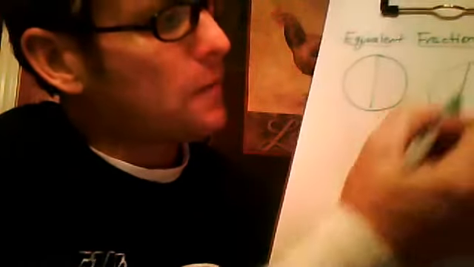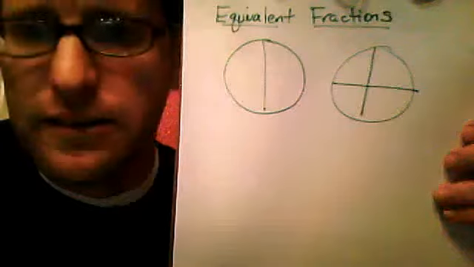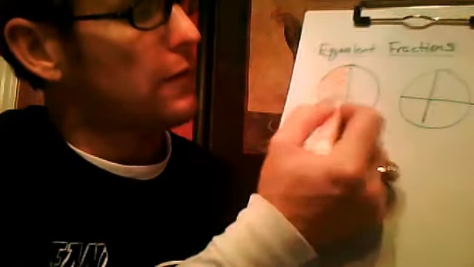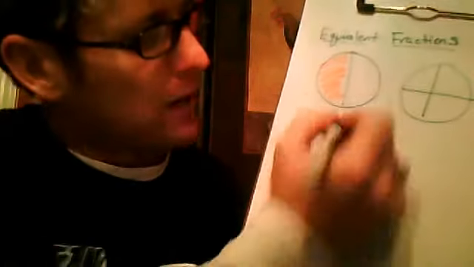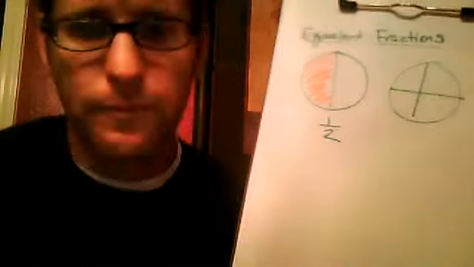And on this piece of pizza, I'm going to divide it into 4 pieces. Let's say I ate one of those 2 pieces of pizza. Well, we just talked about that fraction would then be 1/2.